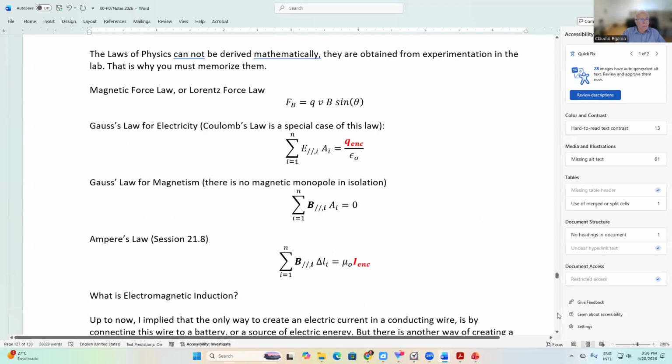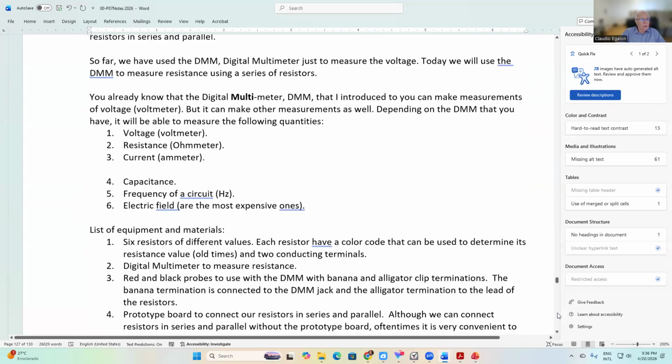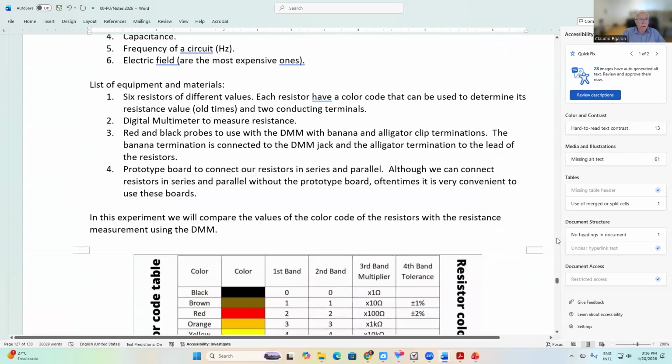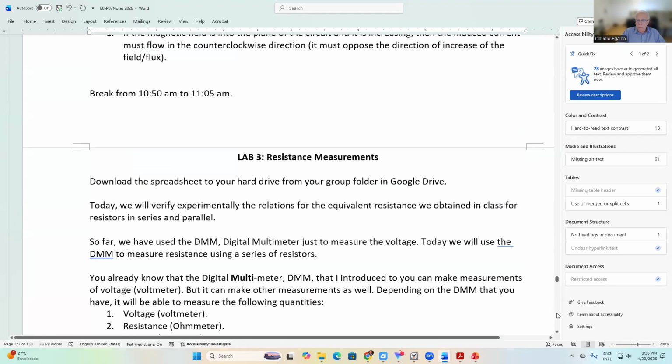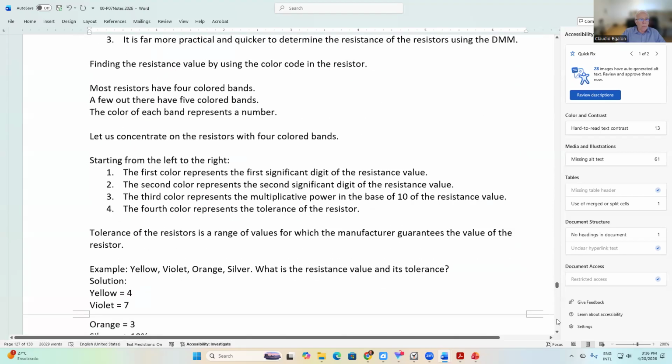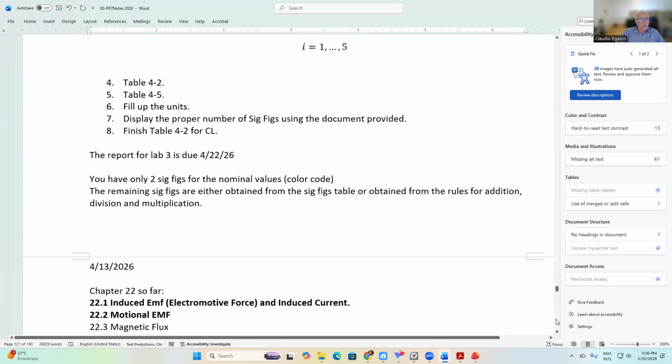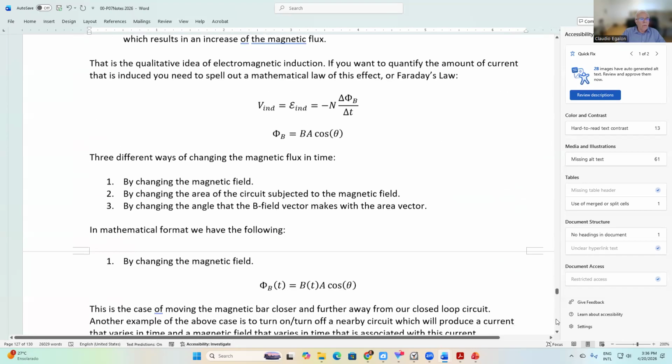We don't want that. The first equation, the first important equation, is this one here. Faraday's law. Electric induction.